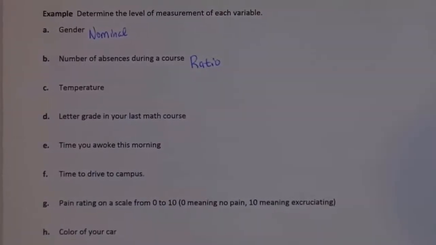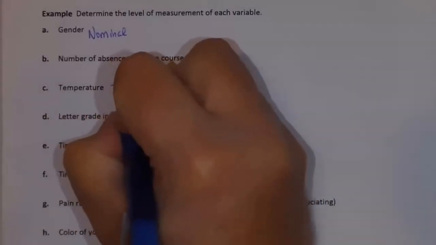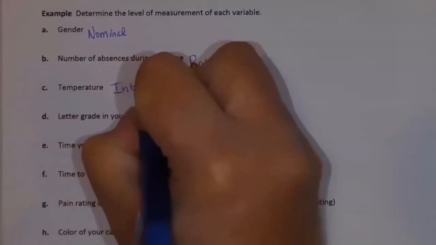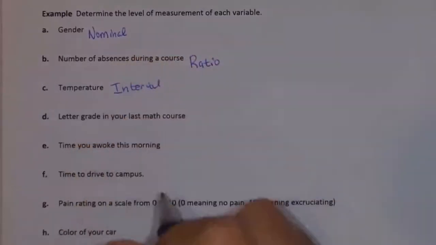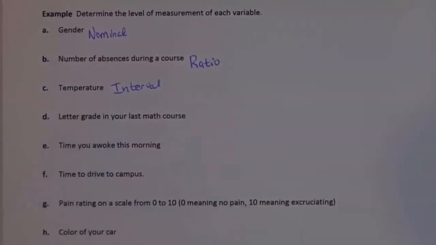Temperature. I think I gave that earlier. That is interval. The only exception to temperature, and I probably should have been a little more clear on that problem, temperature measured in Celsius and Fahrenheit will be at the interval level of measurement. There is also a scientific measure for temperature called Kelvin.